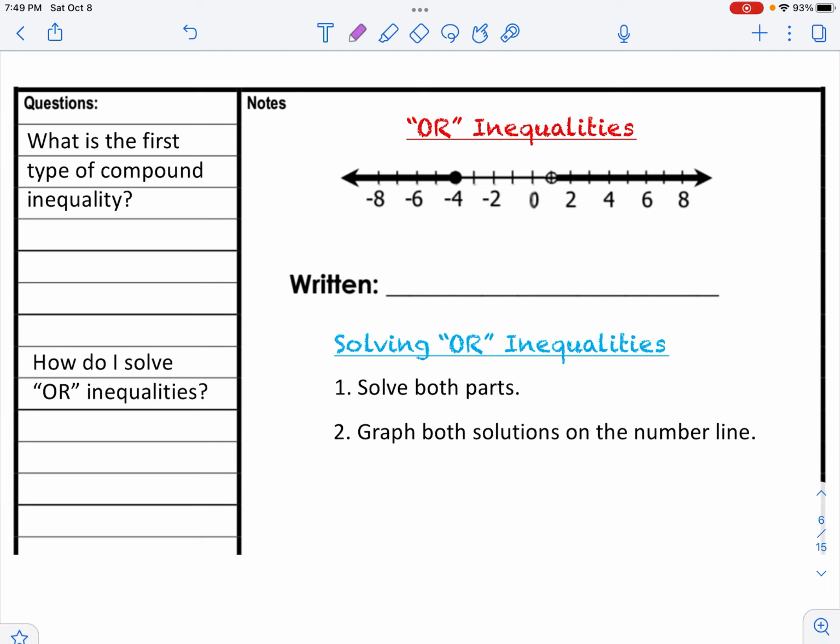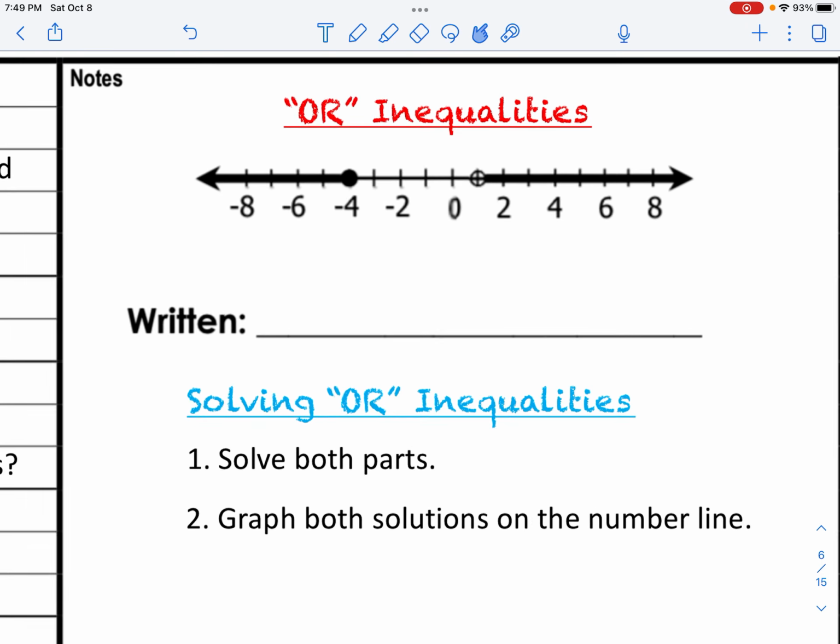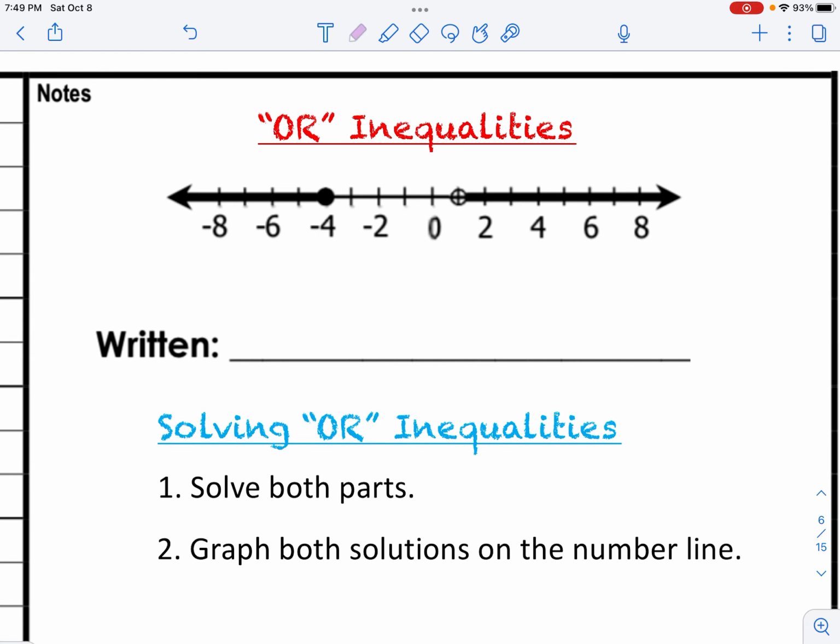So let's write out what these two inequalities on this number line are. So the first one on the left, you can see that is x is less than or equal to -4.